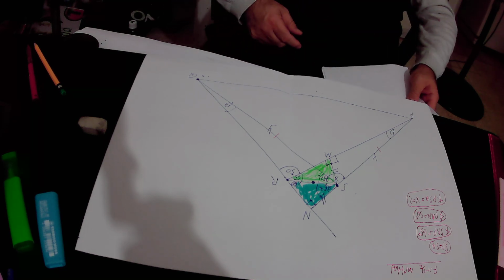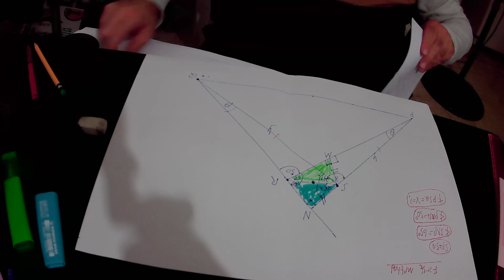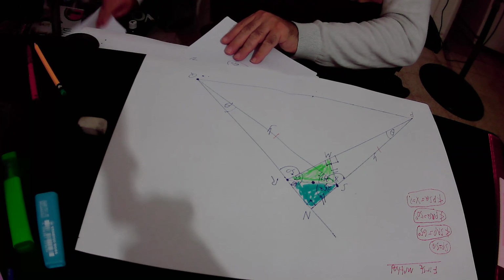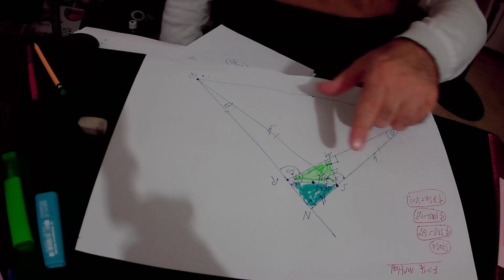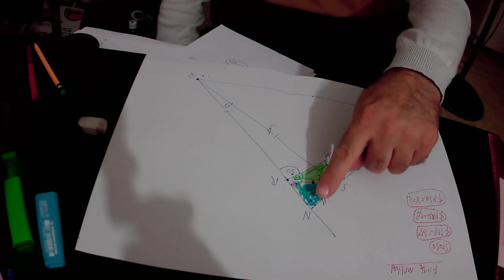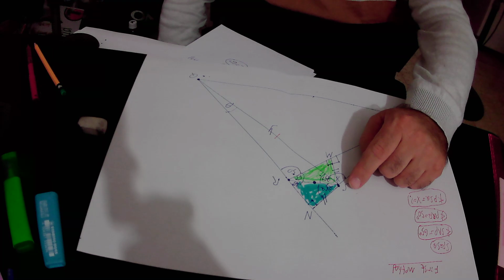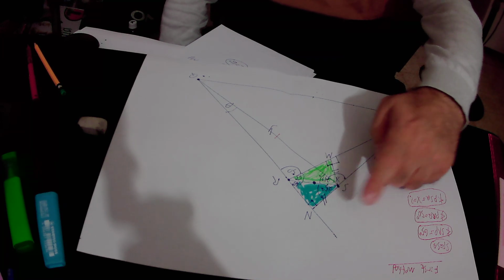The construction was that we extended side QR by a straight line until point N. Then from point S we draw a perpendicular to the extended QN, so this again equals 90 degrees.